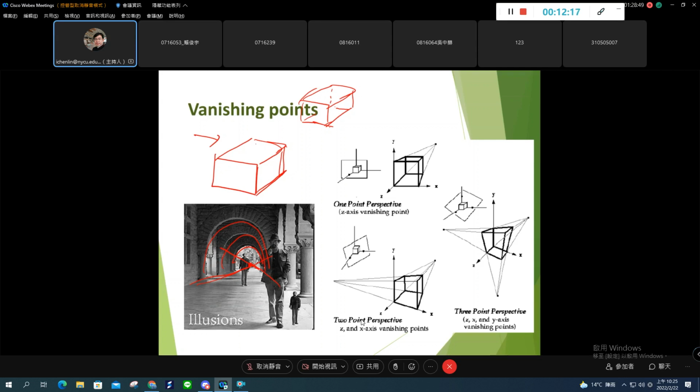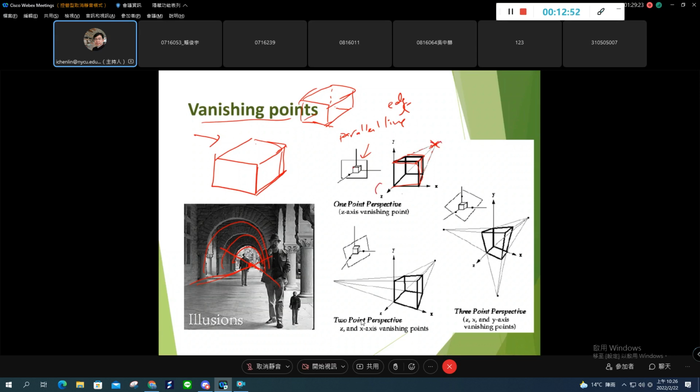The idea is to find a vanishing point, which we can define here, and then reversely draw lines, and we can construct a box that is more realistic than the purely parallel version. So this is the parallel edges version, and here we use edges that intersect at the vanishing point.